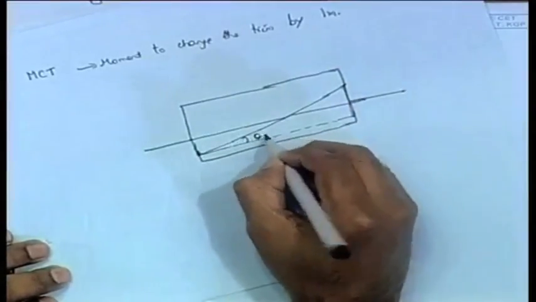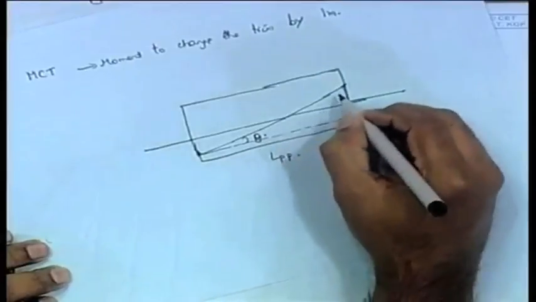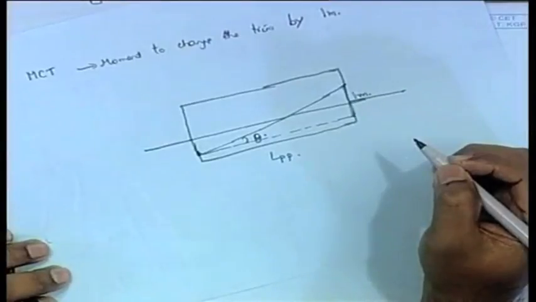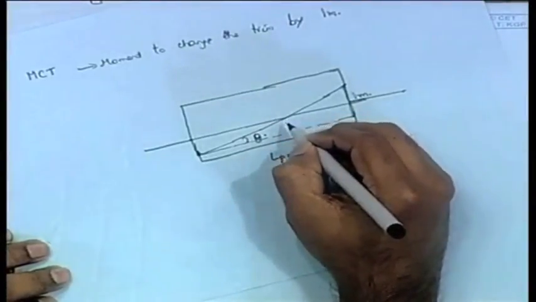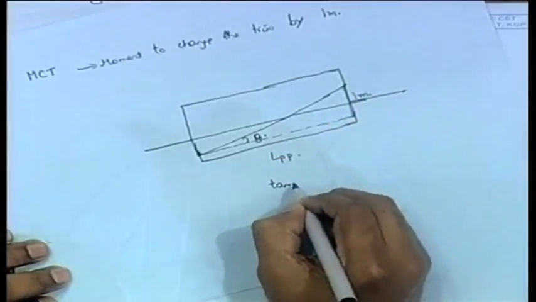Let us call this angle theta, since we are talking about trim. It has moved by 1 meter, and therefore, tan theta is equal to 1 by LPP.